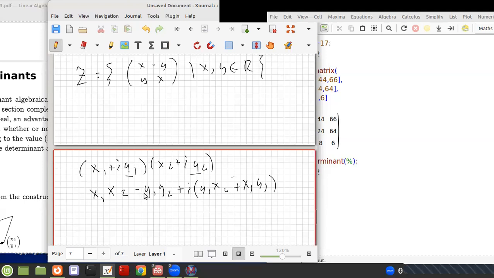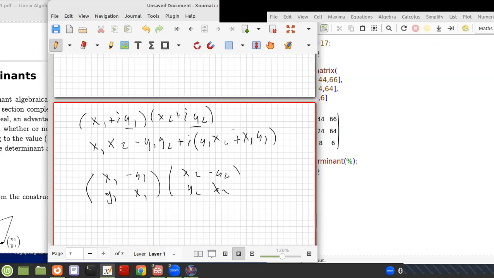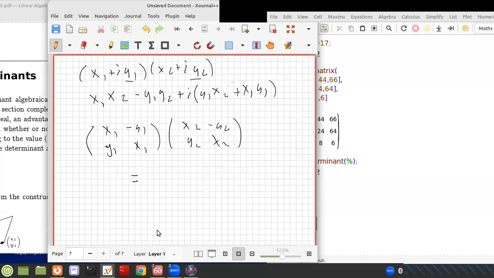But now what I want you to see is, let's say that I had two of these matrices, with x1, -y1, y1, x1 times x2, -y2, y2, x2, and just do normal matrix multiplication. Well, let's see what the result is. It's going to be x1 x2 minus y1 y2 for the first row times the first column.